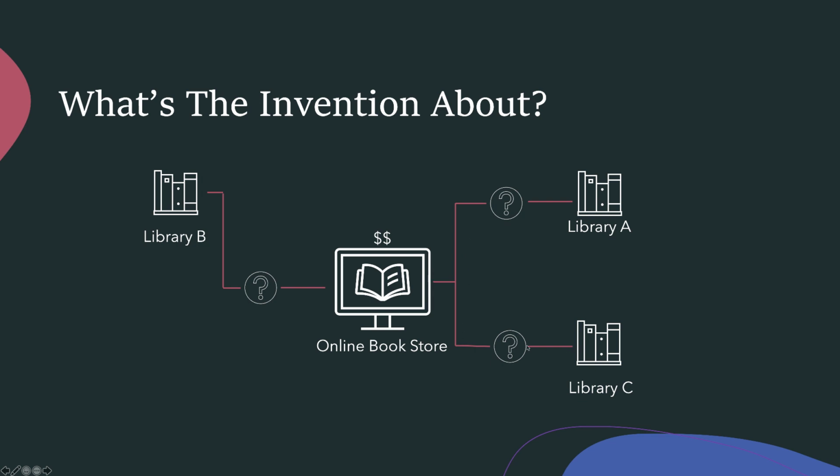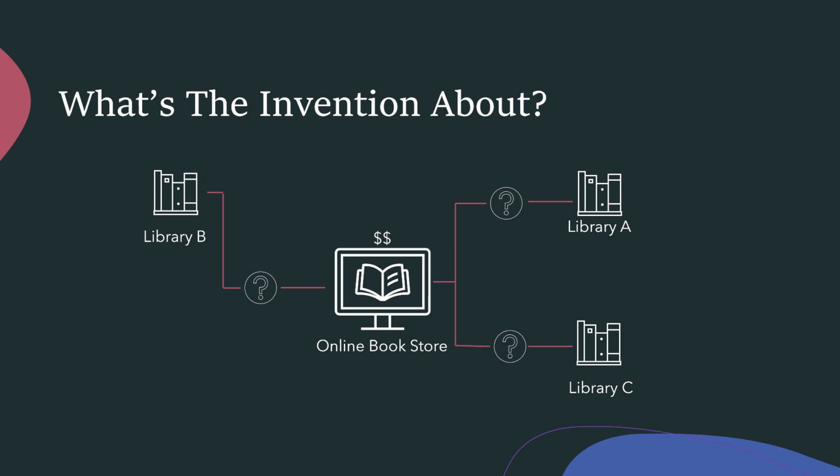So there will be a database at the back end which will contain a list of all the books that are there in all the libraries near around you, and then it will match your query, the book's name, with that database. And then if there is a match, then it will suggest to you that instead of buying this book, why don't you just borrow it from one of these libraries.